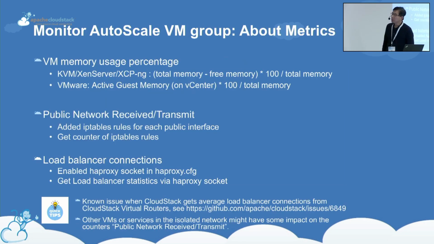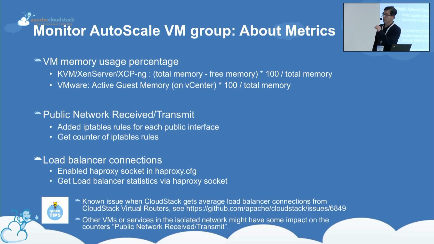Some information about the metrics. For the memory usage on KVM and XenServer, XCP, it is calculated as VM total memory minus the free memory, multiplied by 100, and then divided by the total memory. If we run free inside the VM, you might get some different numbers.